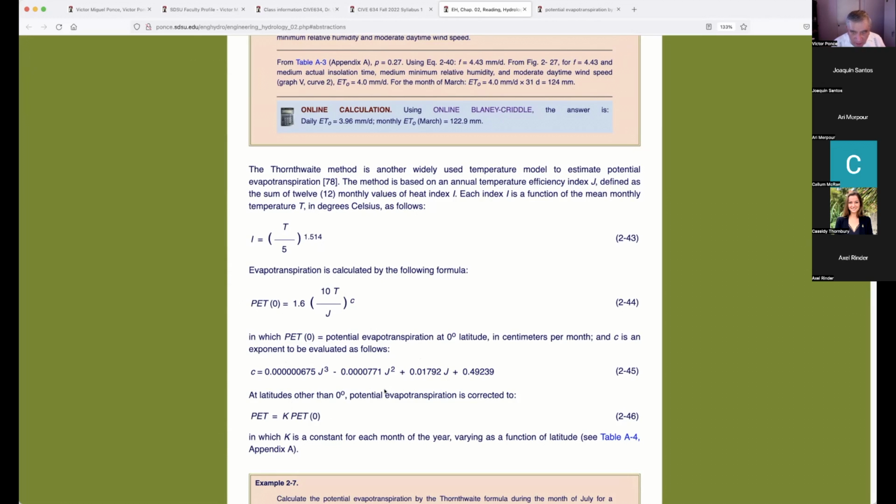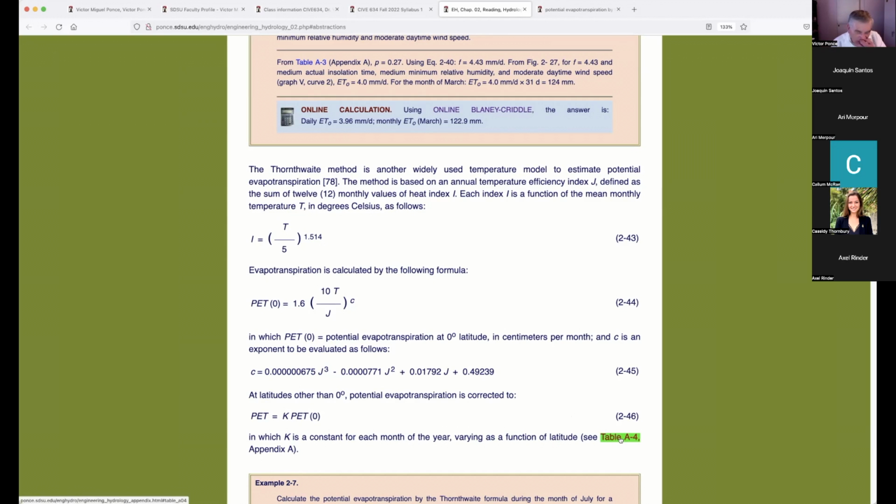And we have a table to this formula of 245 applies at 0 degrees latitude. But if we are at some other latitude, we would have to make a correction for the other latitude, where K is a constant for each month of the year, varying as a function of latitude.